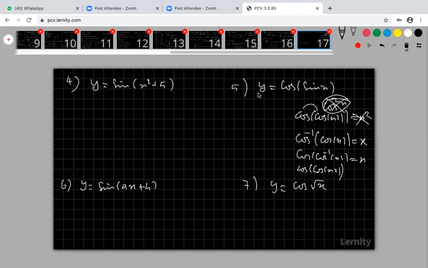Seventh one, 1 by root 2x sine root 2x. Correct. Seventh one is correct.